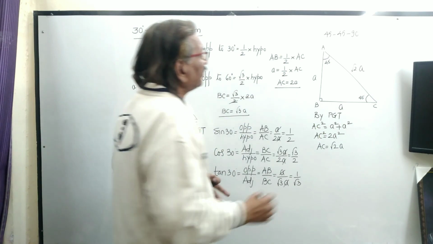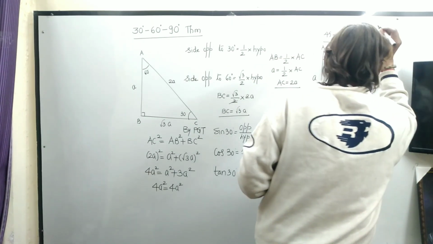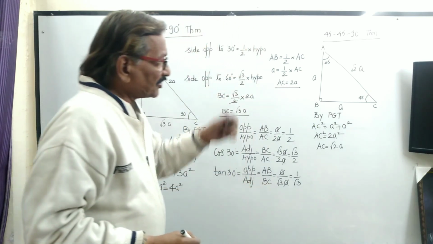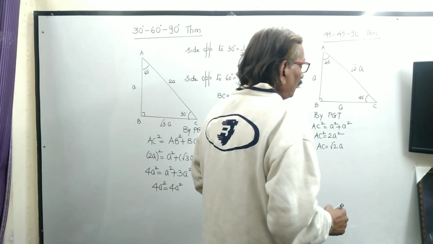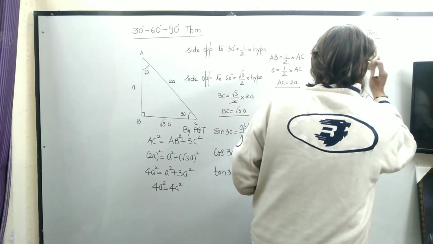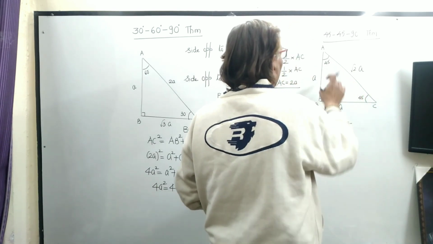45, 45, 90 theorem states that side opposite to 45 degree angle is a here. You consider this angle or this angle, it's a.